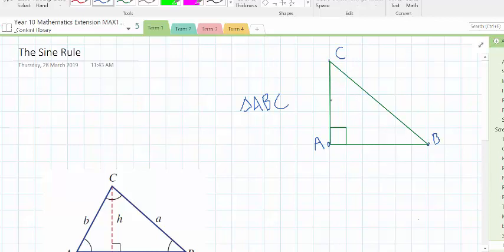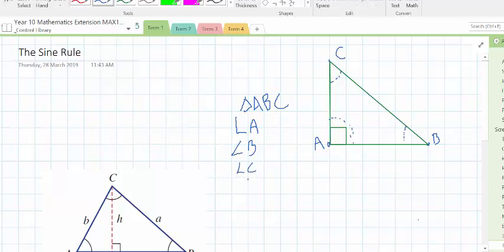Now, when you label vertices of a triangle, you use capital letters. Likewise, we could call that angle A with a capital A. So we'd use the angle symbol. Angle B. Angle C. Notice the capitals.